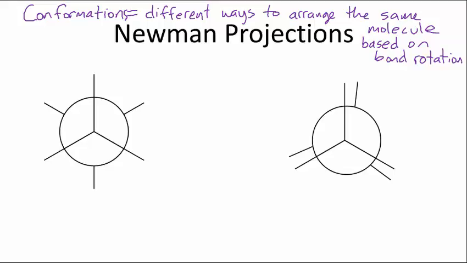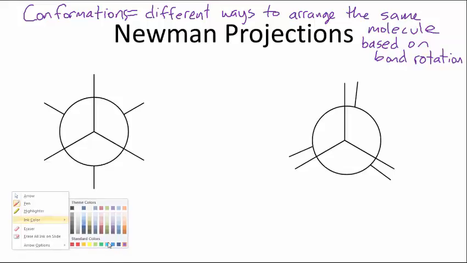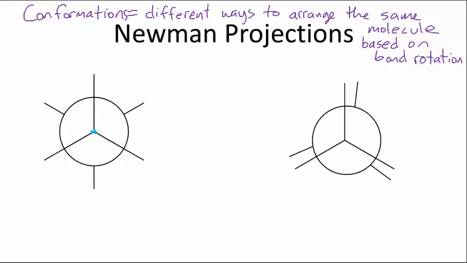All right. So in a Newman projection, we have a circle. We have three substituents represented with their bonds going straight to the center of the circle. All right. So this point here represents the central carbon, or the carbon in front. This represents the front carbon.